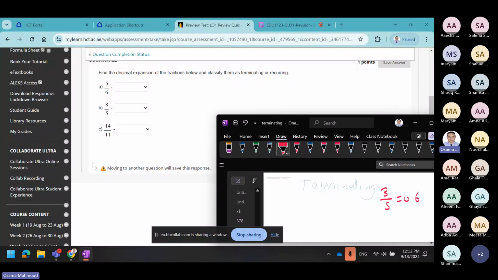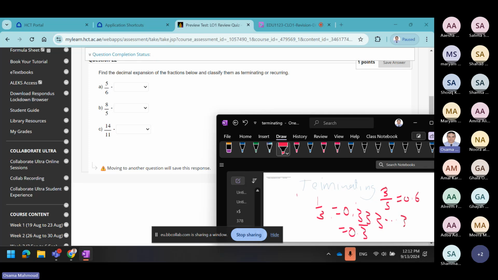But when you have 1 over 3, you have 0.3333 and you will never stop with the 3.